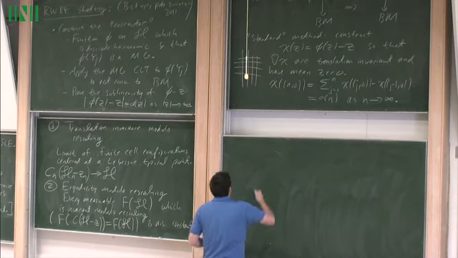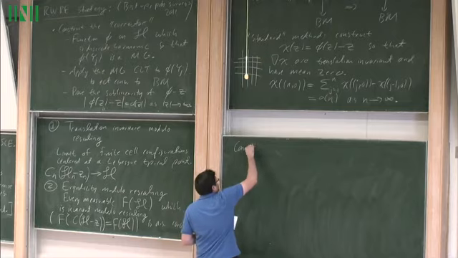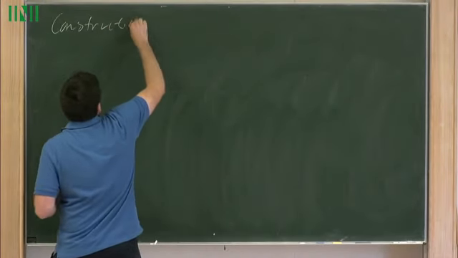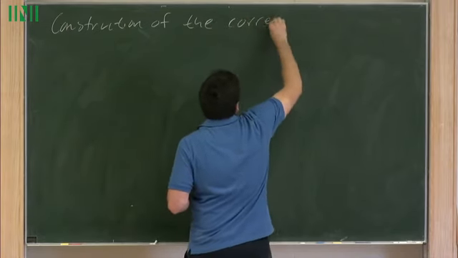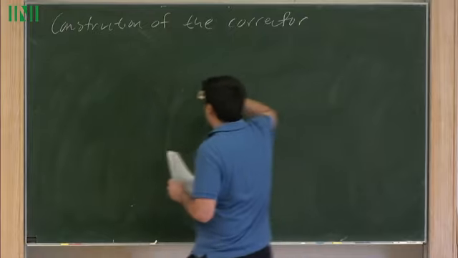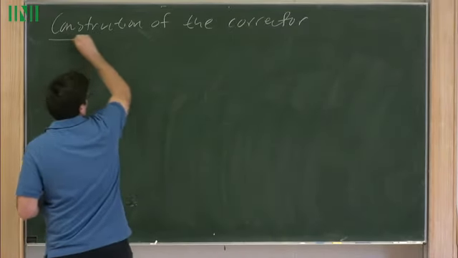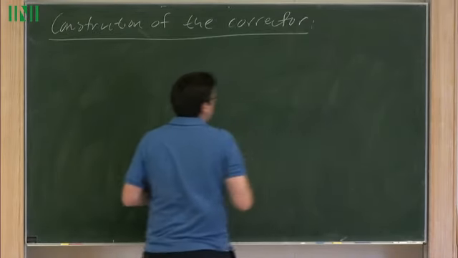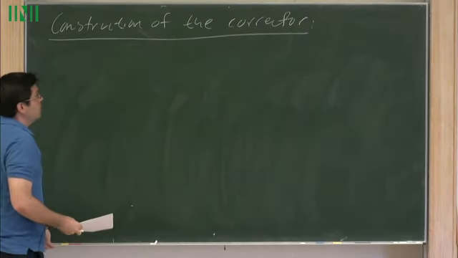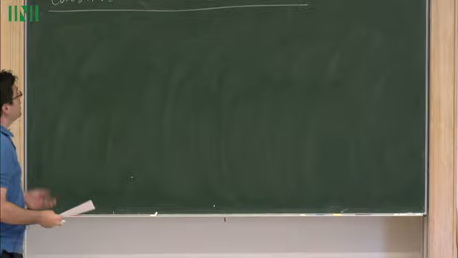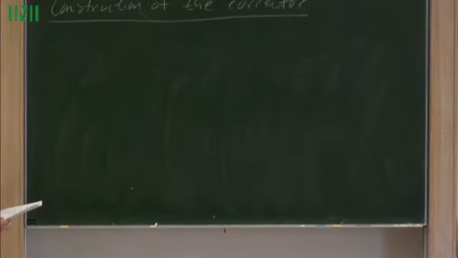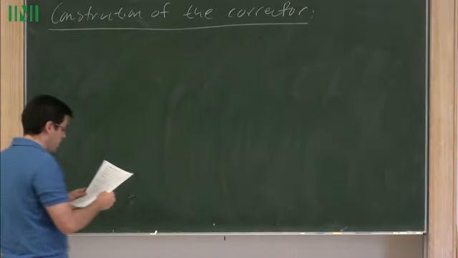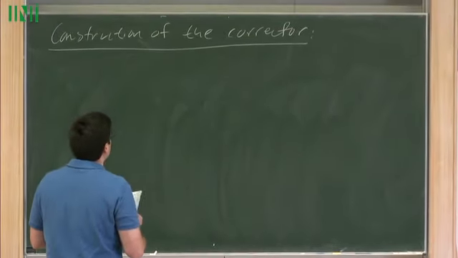Okay, so the way that the corrector is going to be constructed here. Basically, what one wants to do is define something kind of like the square lattice, but it should be defined in a way which is translation invariant modulo rescaling.